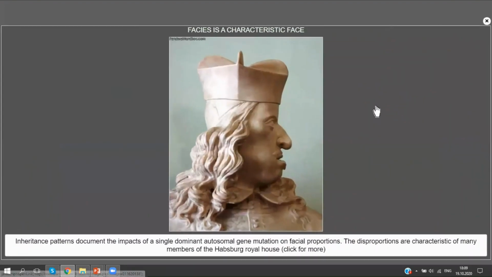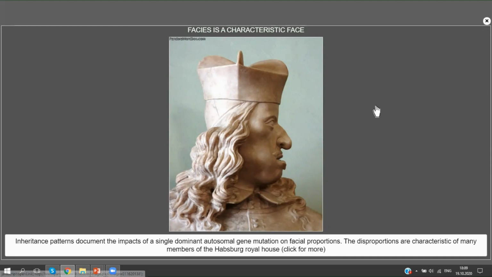Here we have a face with unusual proportions. Certainly the nose is prominent. The midface is not. The malar bone is not. The jaw is not. And the lip hangs because the mandible is overgrown compared to the midface, and the nose is overgrown compared to the rest of the facial area.